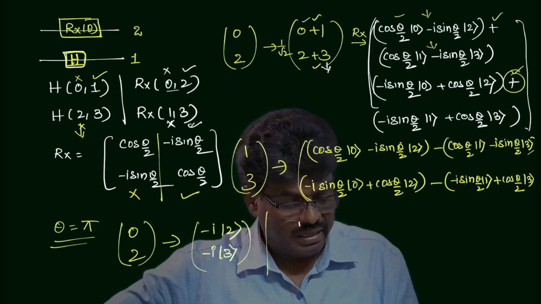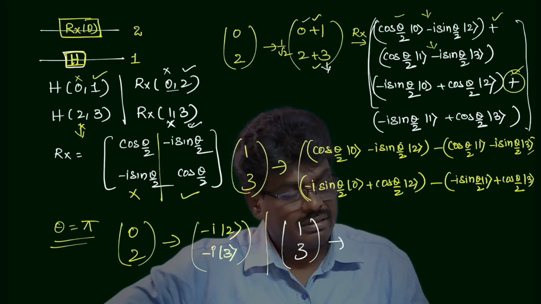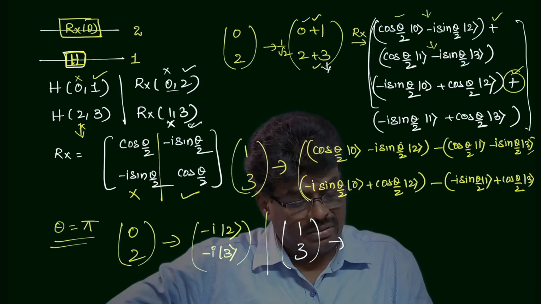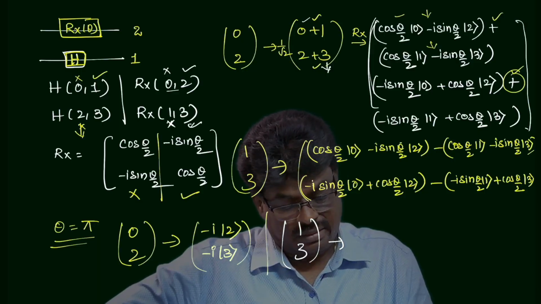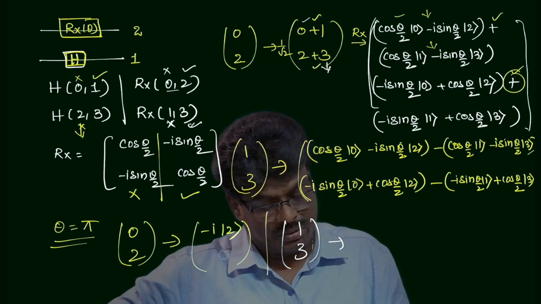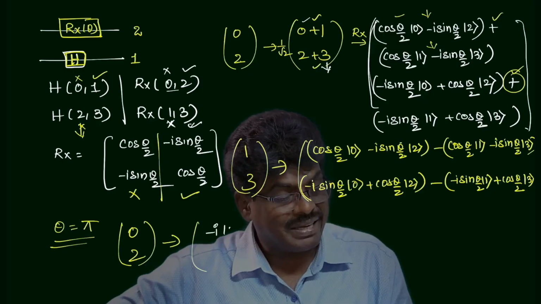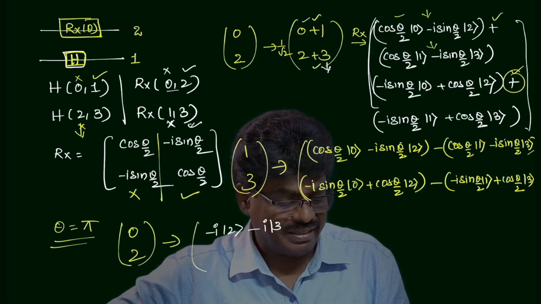And similarly 1 3, this also cos 90 is 0, and here, I'm sorry, I have to write like this: minus i 2 minus i 3.